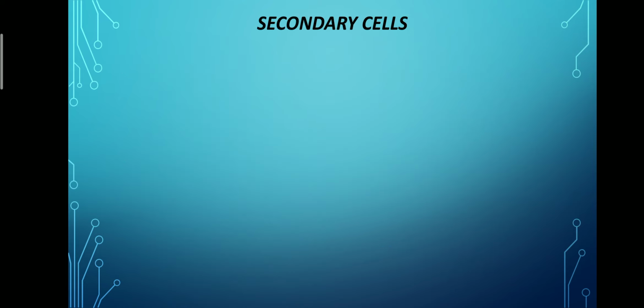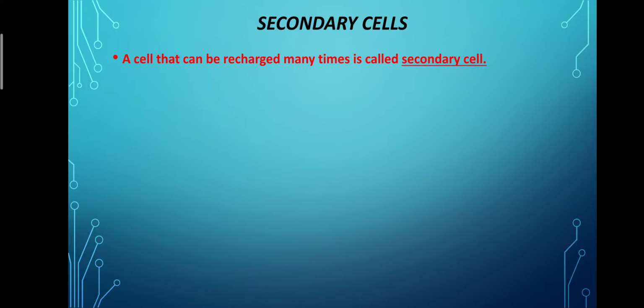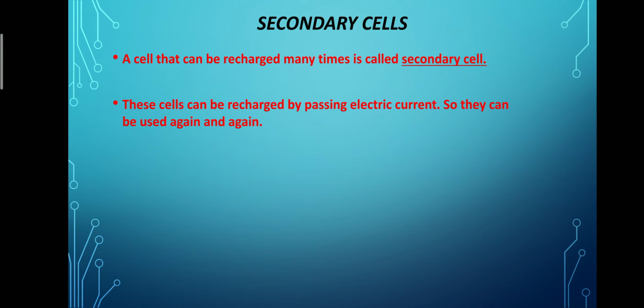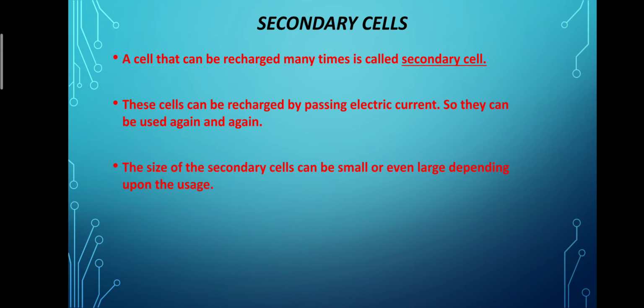Next are secondary cells. A cell that can be recharged many times is called a secondary cell, and these cells can be recharged by passing electric current, so they can be used again and again. The size of a secondary cell can be small or even larger.